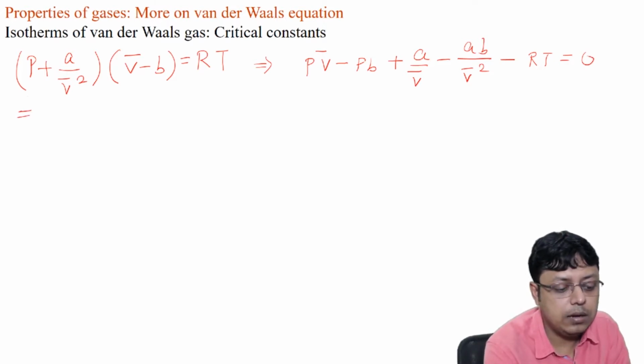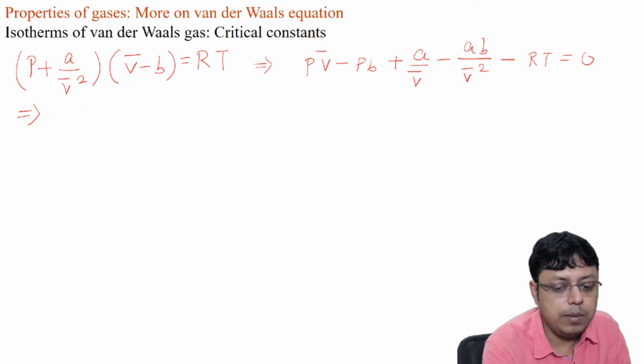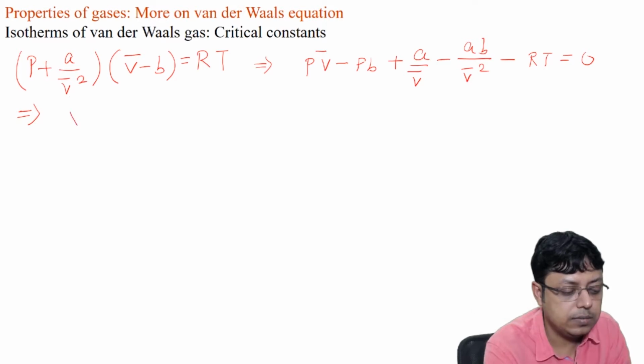And then we can multiply both sides by molar volume square and divide by pressure to get this.